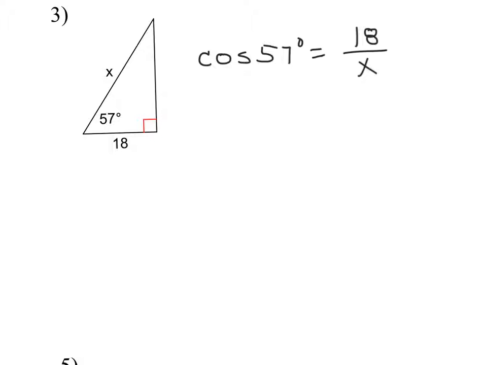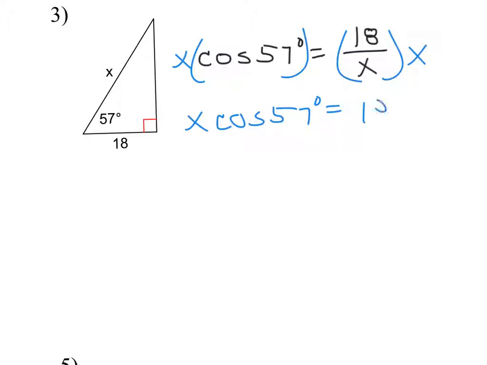On both sides, we need to multiply by x so that we can get x into the numerator. Then we just have to isolate the x, and in order to do that, we divide by the cosine of 57 degrees.